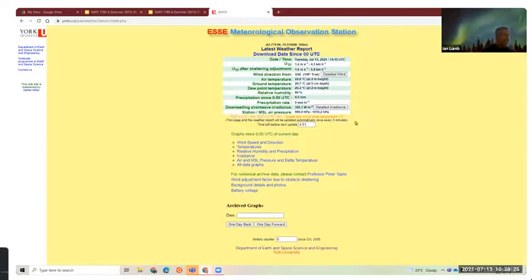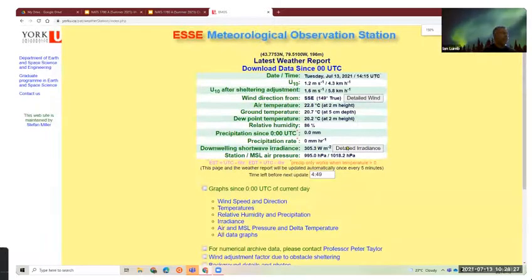So at EMOS, if you happen to be on the York campus today, the actual pressure that is measured by EMOS on site right now is 995.0 hectopascals. And then if we correct that so that we get the mean sea level equivalent pressure, we get 1018.2 hectopascals.